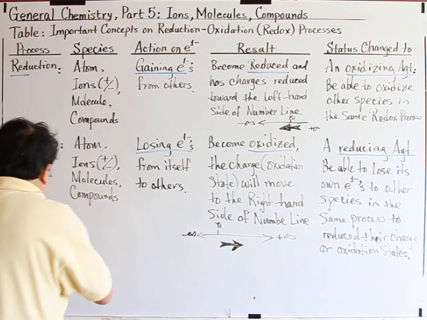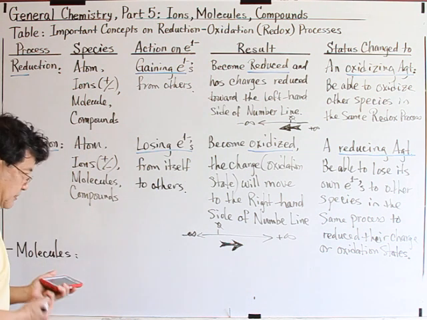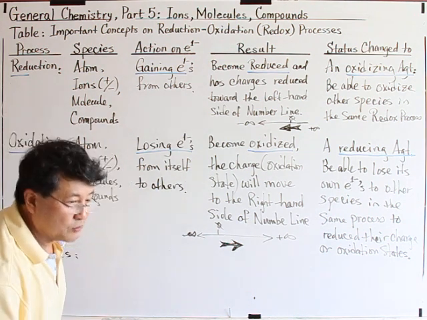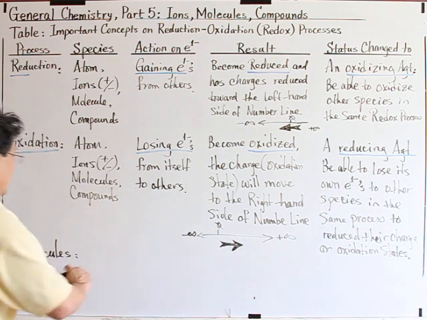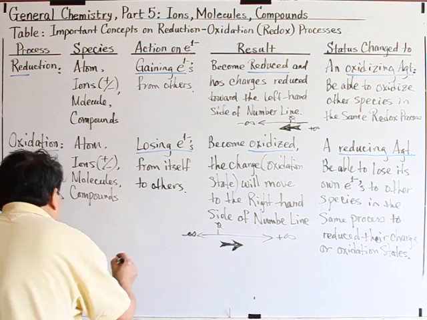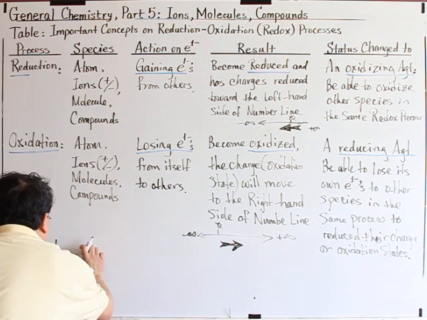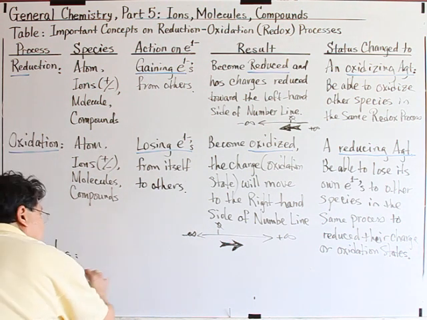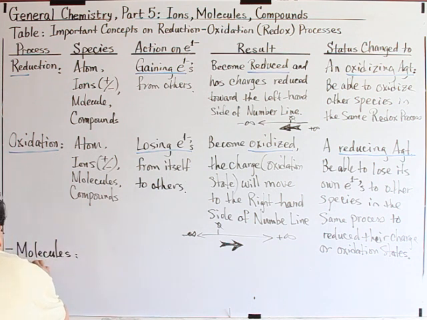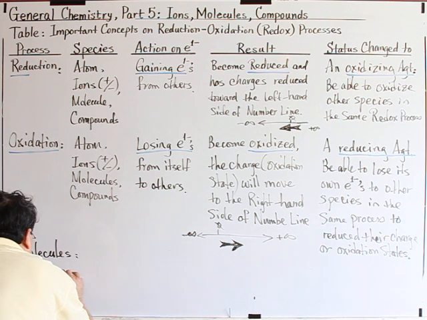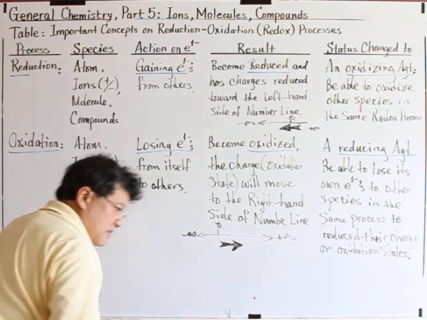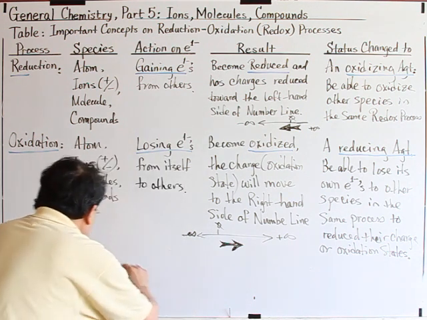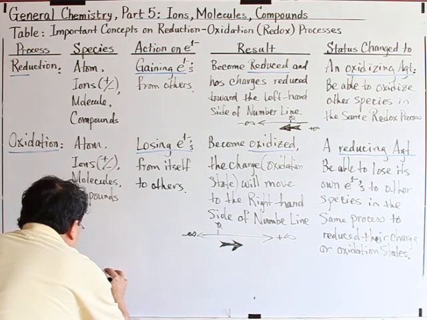Okay, so molecules. How many types of molecules are we able to deal with? We are able to deal with at least four different types. Alright, you may say, okay, they are the same. No, they're not. So let's say molecule types. First type is a monoatomic molecule.